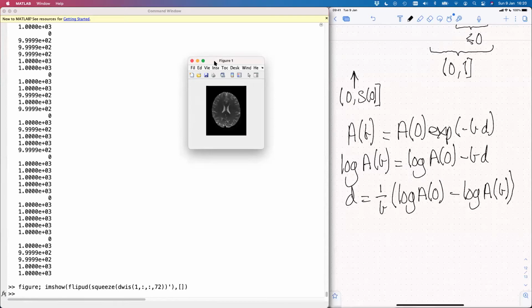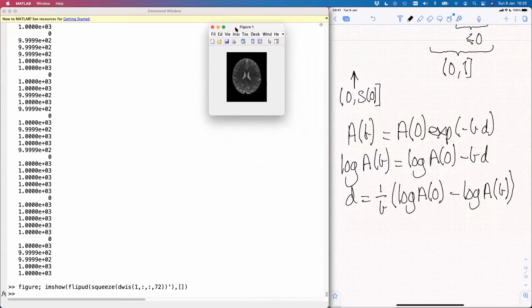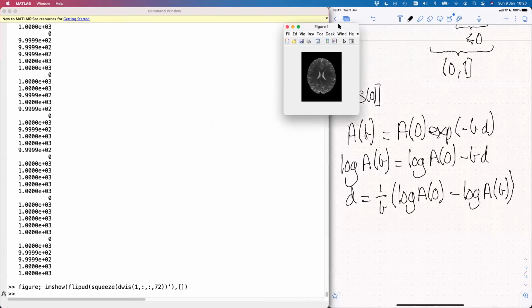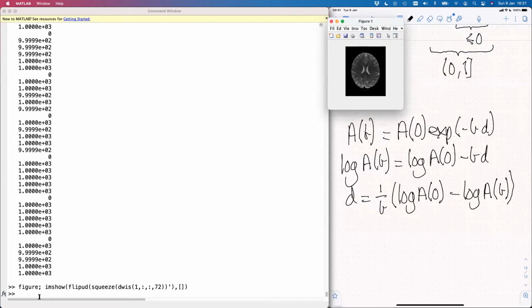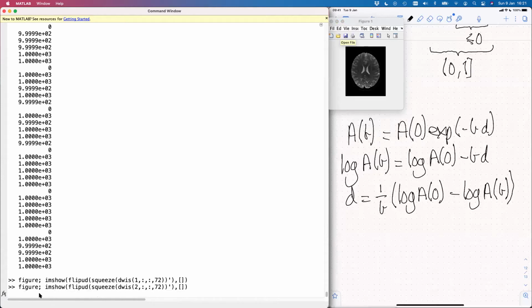Okay, so there is one slice through the first image. This is one with the b-value set to 0. I'll put it here for the moment. And now let's have a look at the corresponding slice in the second image in the data set. This is one with the b-value set to 1000.